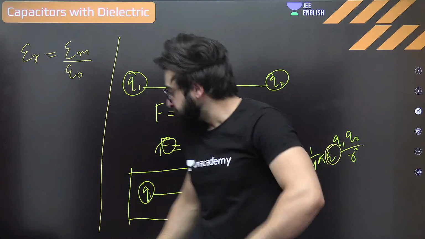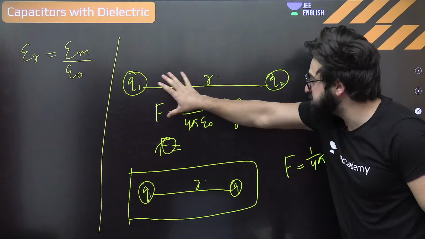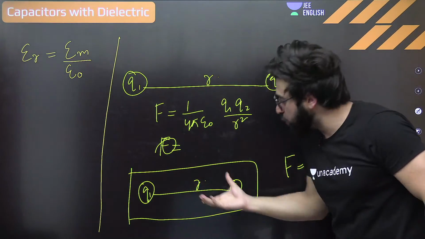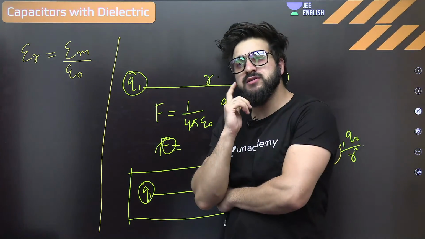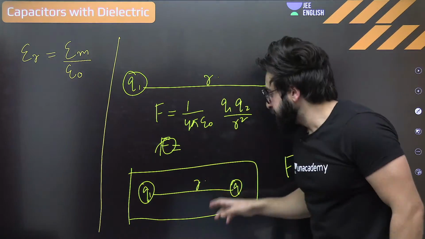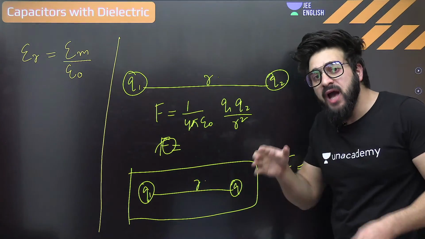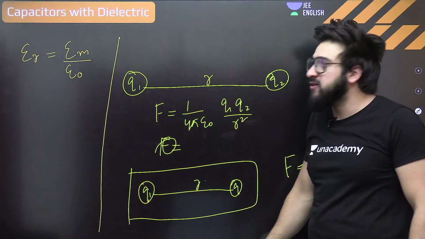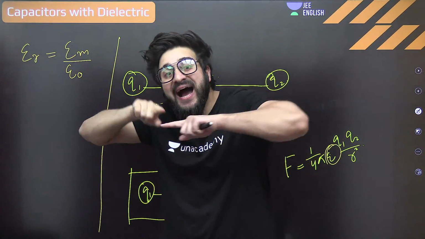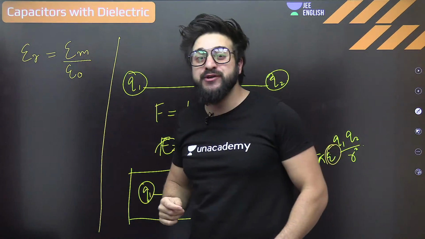Listen to me very carefully. If this is a medium over here and this is free space, air, if I ask you what is the permittivity of this medium, how are you going to define it to me? You'll say, sir, I don't know. You'll say basically the permittivity of this medium will be how much more permittivity it has as compared to the permittivity of free space.